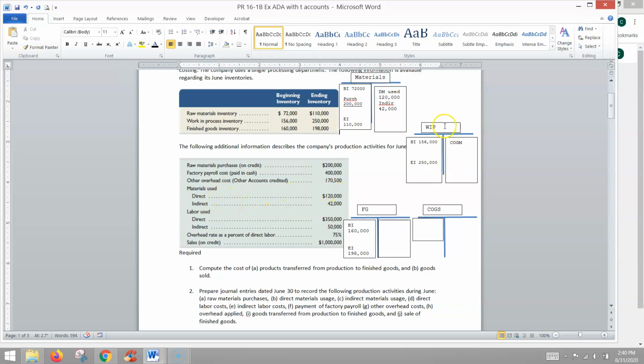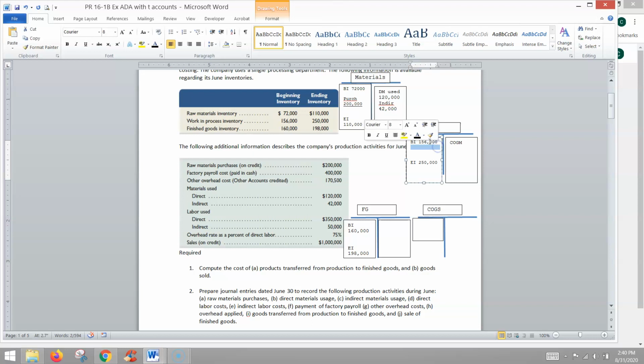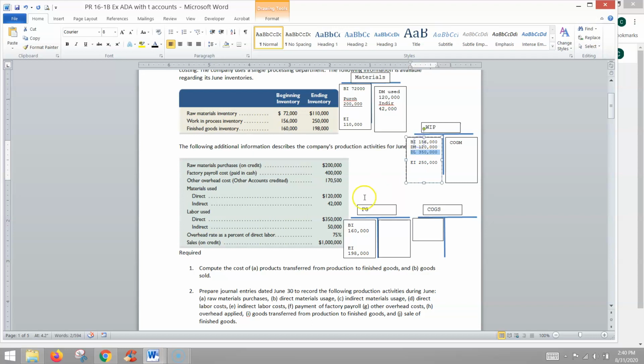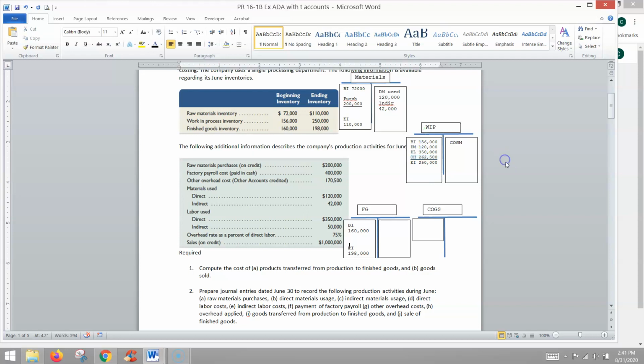So we know for work in process we have three cost components: direct materials, direct labor, and overhead. So the first one we're going to do is the direct materials of 120,000. Then we have some direct labor of 350,000. And we have some overhead costs. So we're going to take our direct labor times 75%. So those are going to be the three cost components.